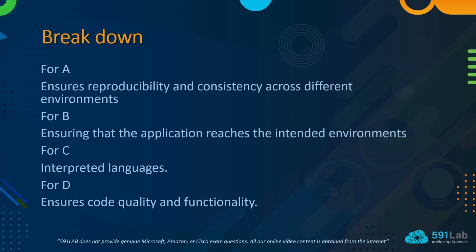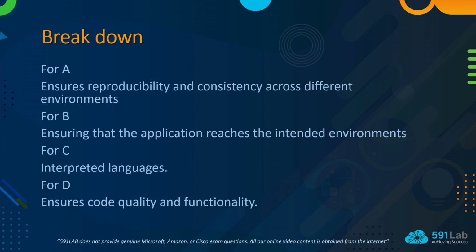Option B. Deployment involves releasing the application to specified environments for testing or production use. So this step is vital for ensuring that the application reaches the intended environments, enabling testing and production releases.